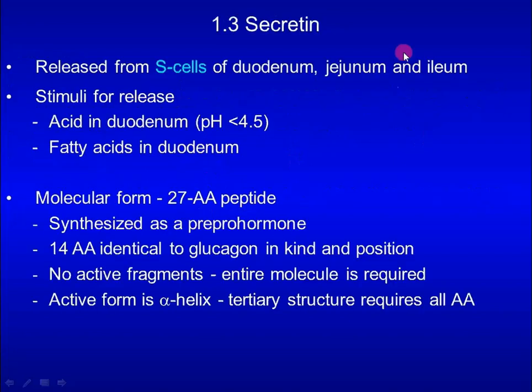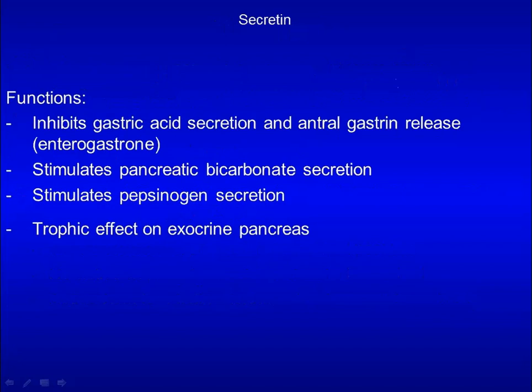The third hormone is secretin. Secretin is released from S cells of the duodenum, jejunum, and ileum. Stimuli for release of secretin include acid and fatty acids in the duodenum. Secretin contains 27 amino acids. Secretin inhibits acid secretion by parietal cells and gastrin release from the antrum.